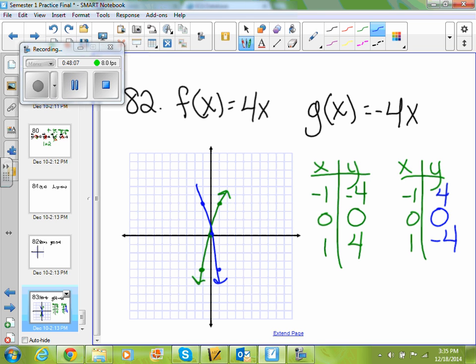And then connect those. So there's my second graph. So to identify what type of transformation this is, what type is it? It's a reflection. It kind of looks like a rotation, but this one is a reflection.